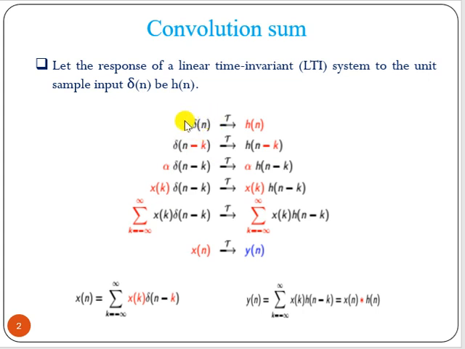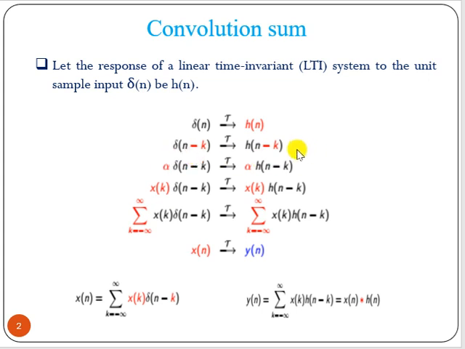That means when we apply a unit sample input to an LTI system, the output is the impulse response h of n. Now, if it is a time invariant system and we delay delta n by k units, the output, that is the impulse response, must be delayed by k units as well.